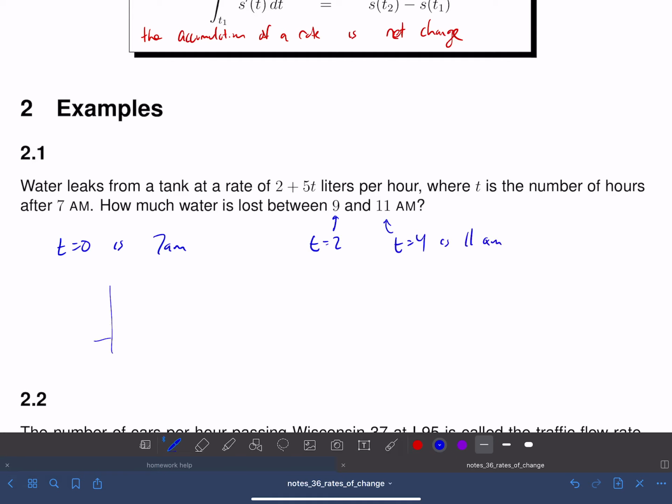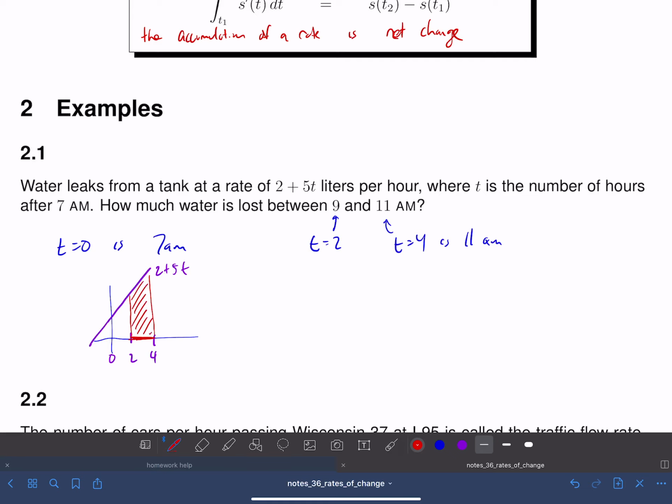Furthermore, I've got axes. I've got my function 2 plus 5t. We're thinking about a particular time window. That time window gives us this trapezoidal shaped region that we're thinking about.